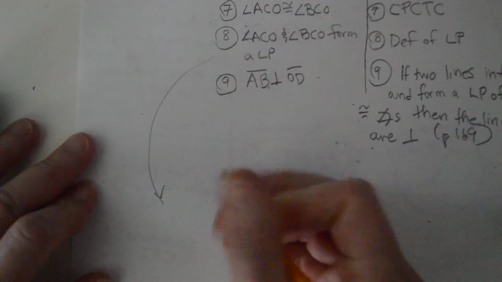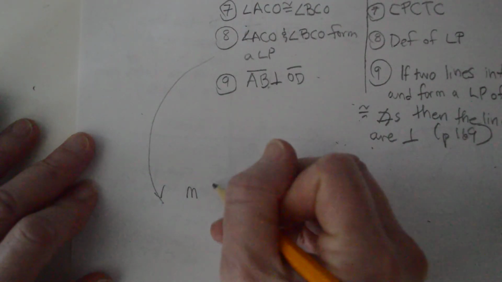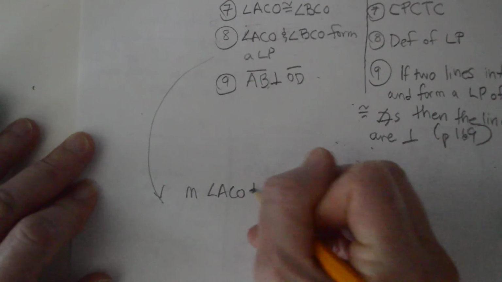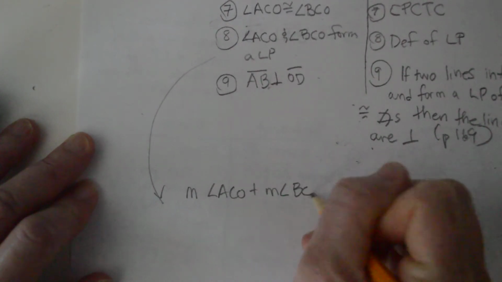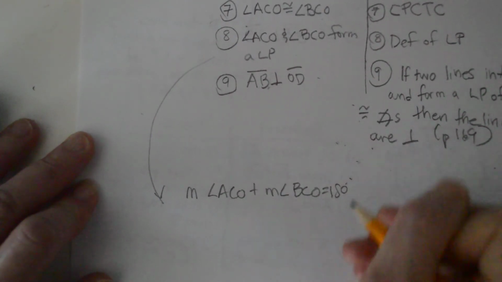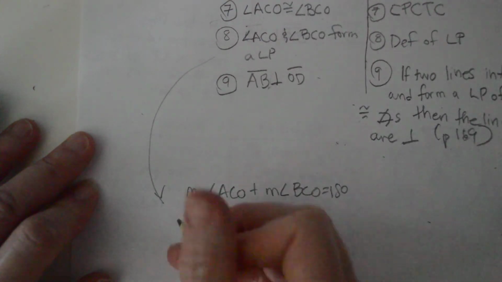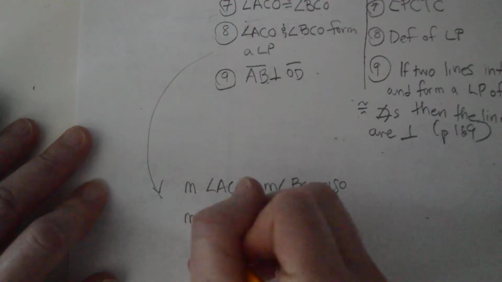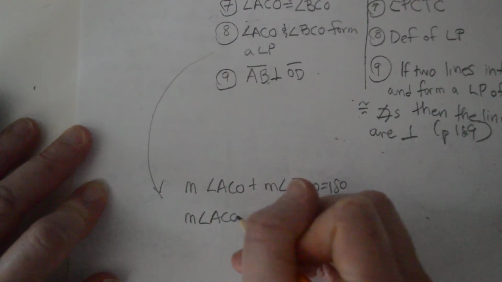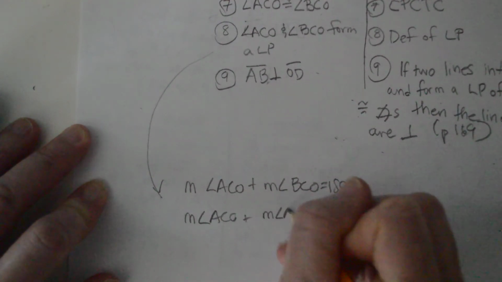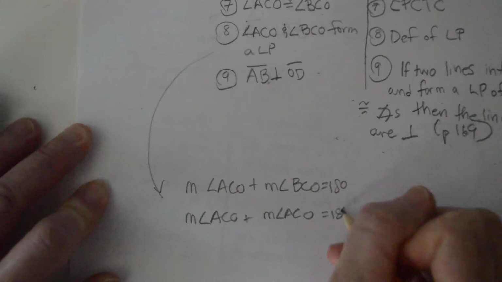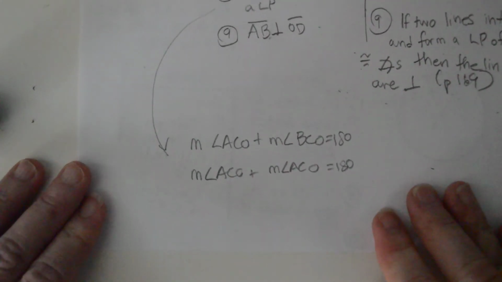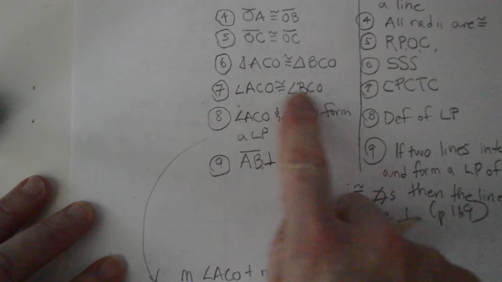After step 8, we would say that the measure of angle ACO plus the measure of angle BCO equals 180 degrees. And then by substitution, the measure of angle ACO plus the measure of angle ACO equals 180 degrees, because we know that the angles are congruent already.